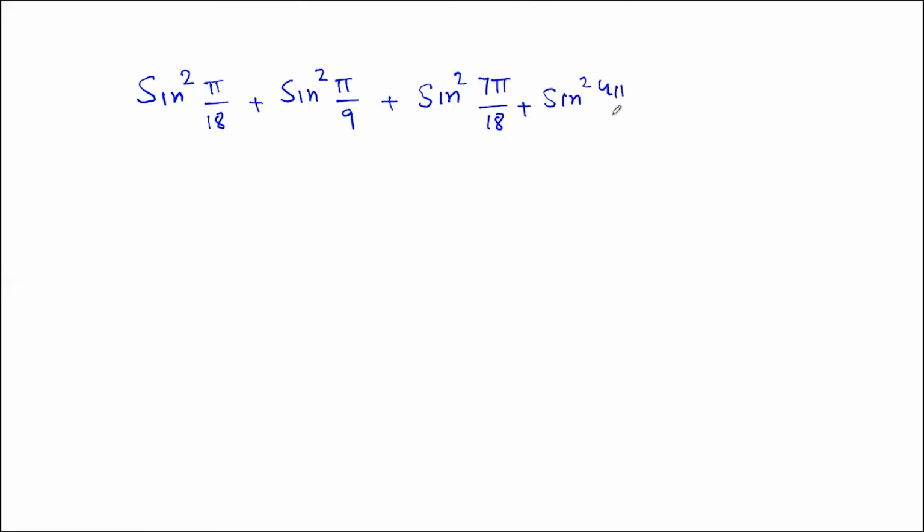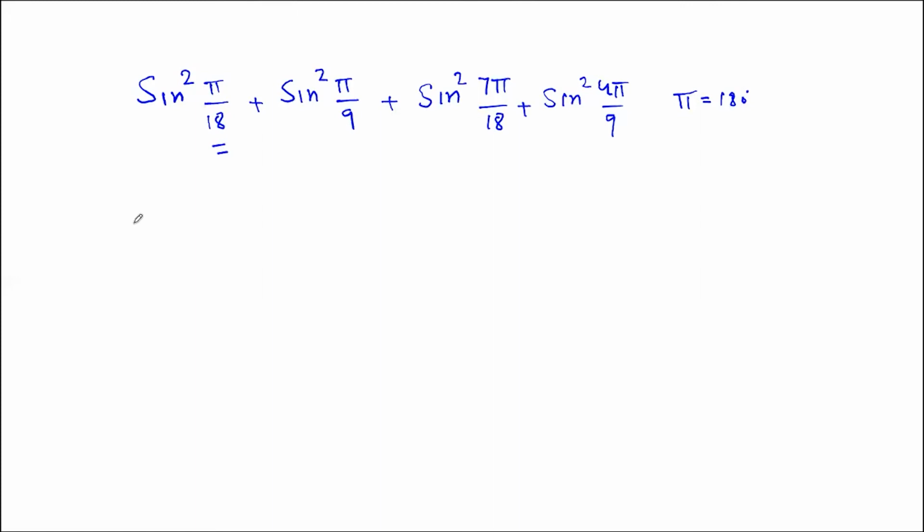See, the value of pi, we know that this is 180 degree. Either we have to use 180 degree or we can go with the basic formula. See, this is pi upon 18, so we can use the formula.